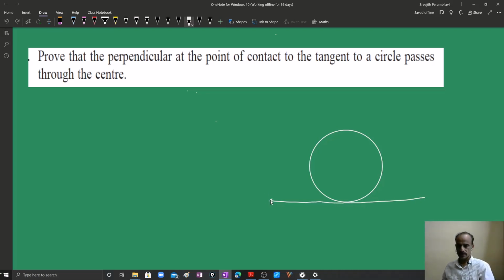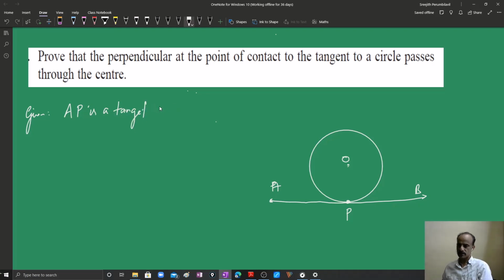The tangent is PQ, or AB is the tangent to a circle at the point P. The point of contact is P. So let O be the center of the circle. This is the given. What is given is AB is a tangent. You can forget that point B.